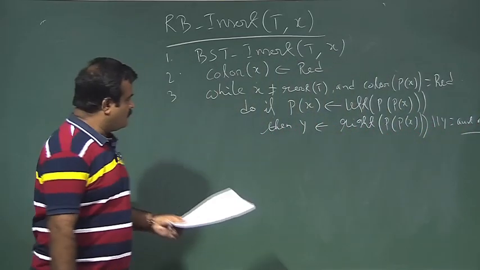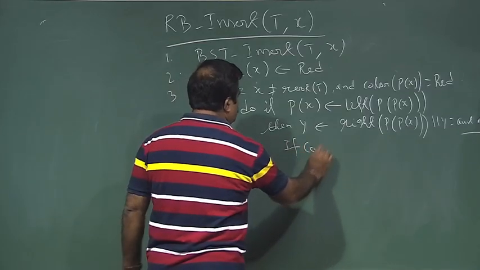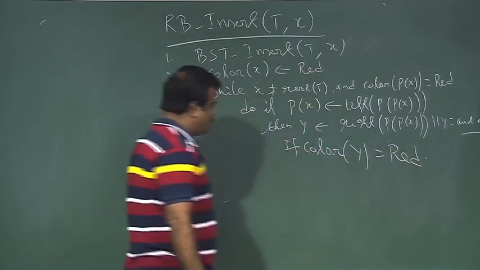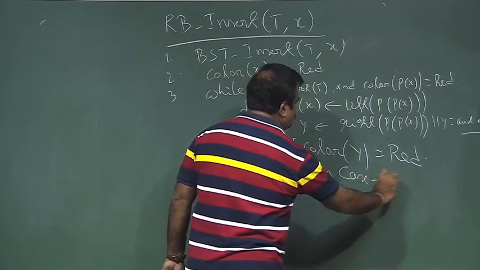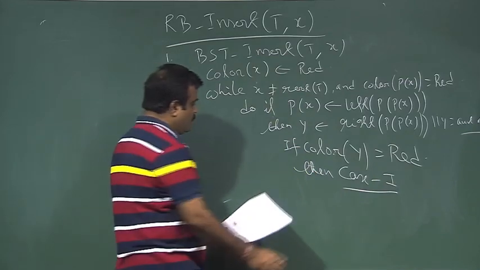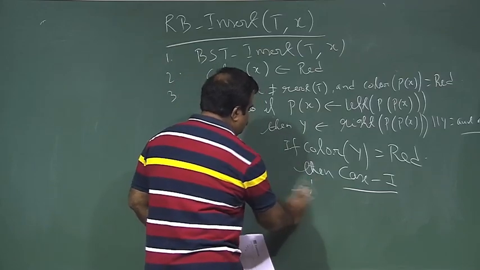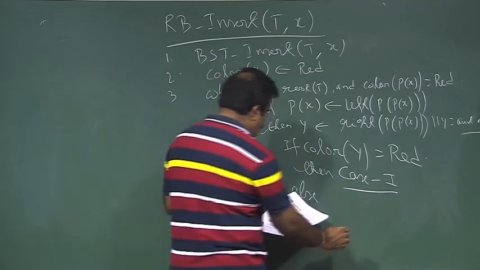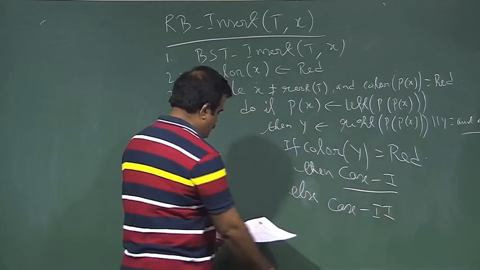Now if the color of y is red, then it is case 1. If it is not case 1, else we have to do case 2 followed by case 3.